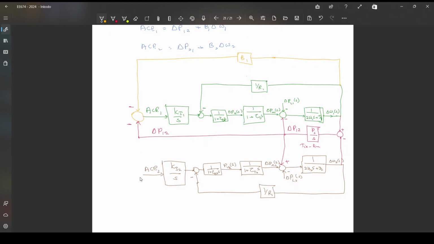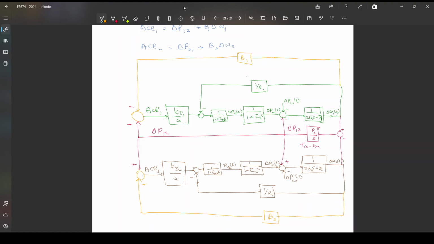So here this becomes plus, and here you have the B2 times delta omega 2, and this is minus. Okay, so this is the complete two area control system with the tie line bias and the area control error included, right, in order to achieve the proper control.